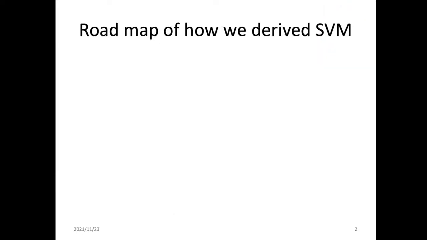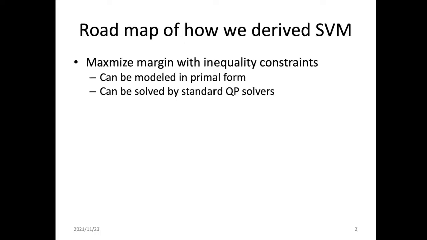Okay, so we spent at least 2 weeks talking about SVM. Let me quickly review the entire roadmap of how we derived the SVM, in case you forgot. In the beginning, we said that we want to maximize the margin under some inequality constraints. We want to maximize the margin, or minimize the inverse of the margin.